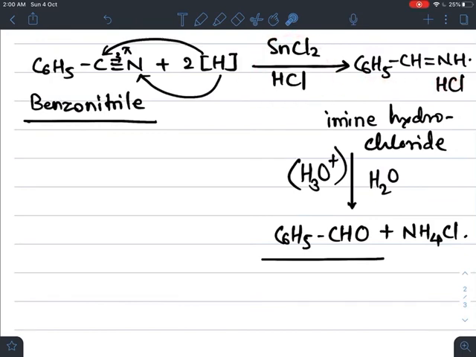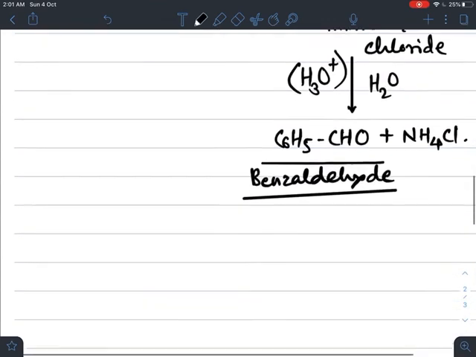It gives the intermediate product, imine hydrochloride, and finally it undergoes acid hydrolysis and gives benzaldehyde plus ammonium chloride. So C6H5CHO is benzaldehyde, and by using this Stephen reduction we can prepare only aldehydes from nitriles.